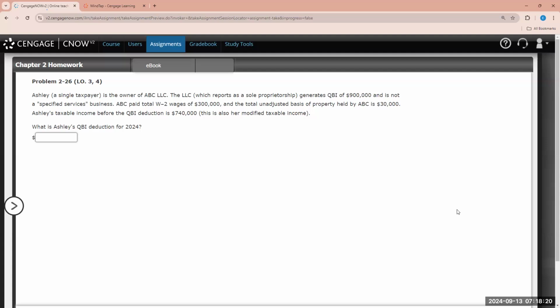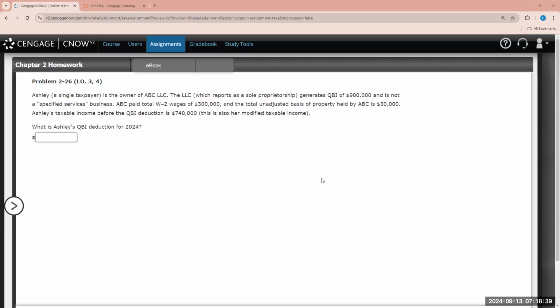All right. So here we have this next question, and it is asking us to calculate the QBI deduction. All right, so it's asking, what is Ashley's QBI deduction for 2024? It says, Ashley, a single taxpayer, is the owner of ABC LLC.